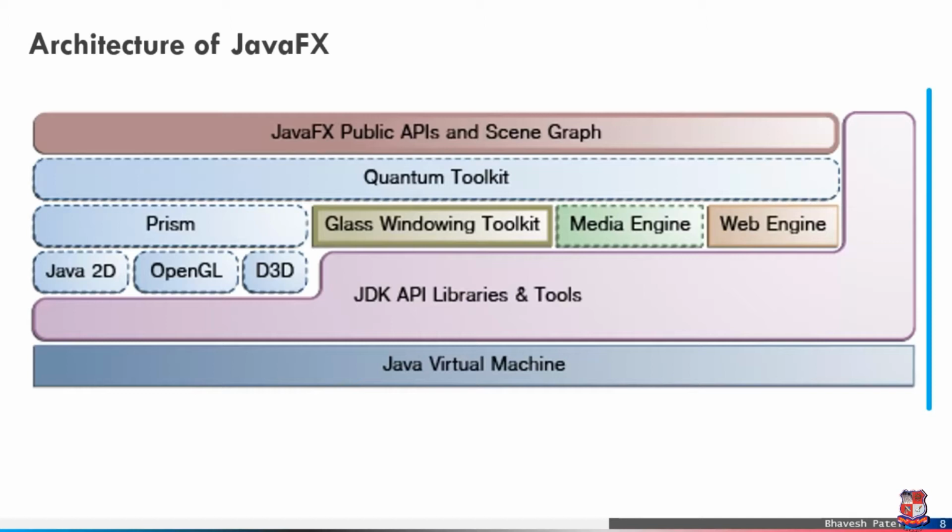The packages named javafx.animation, javafx.application, javafx.collections, javafx.concurrent, javafx.embed.swing, javafx.embed.swt, javafx.event, javafx.fxml, javafx.geometry, javafx.scene.canvas, scene.control, scene.effect, scene.image, scene.input, scene.layout, scene.media, scene.paint, scene.shape, scene.text, scene.transform, scene.web, javafx.stage, util, util.converter.